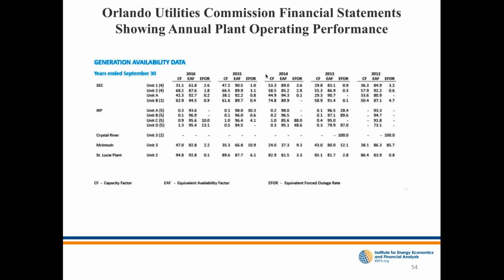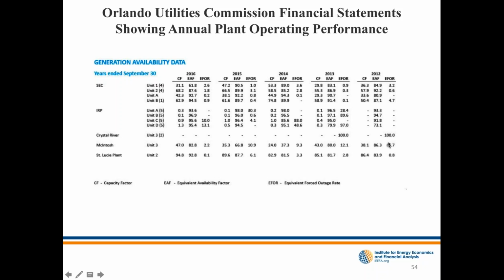The Orlando Utility Commission also presents other information. EAF is equivalent availability factor. EFOR is equivalent forced outage rate, which is a measure of how much of the year a power plant is either completely out of service due to an unplanned problem, or has its power reduced due to an unplanned problem.